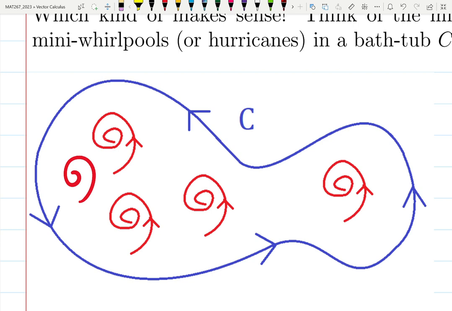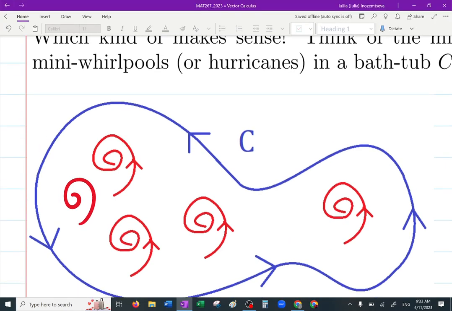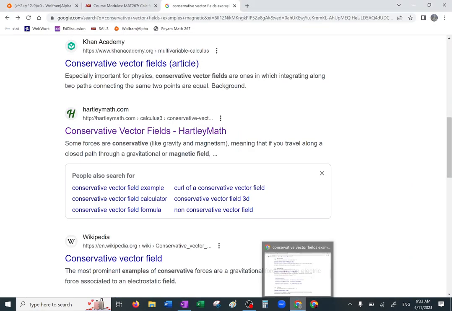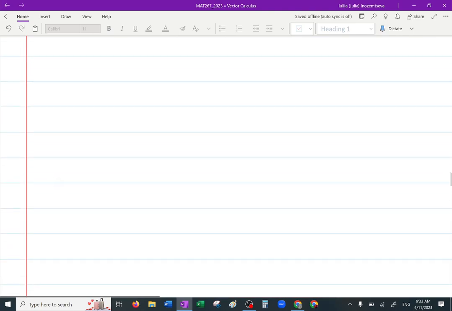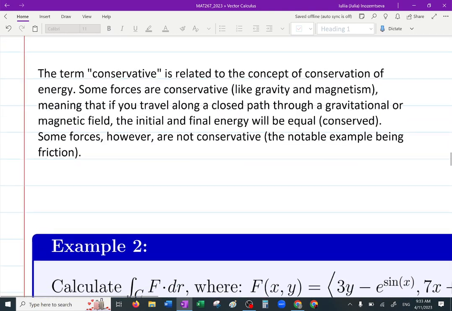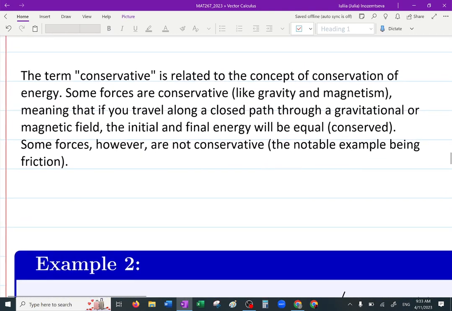Then I wanted to just tell people, so wait, what is so important about conservative fields? Why does it even matter? Well, there's a big difference between magnetic fields, electromagnetic fields, velocity fields, wind fields. They are different. The term conservative is related to the concept of conservation of energy.